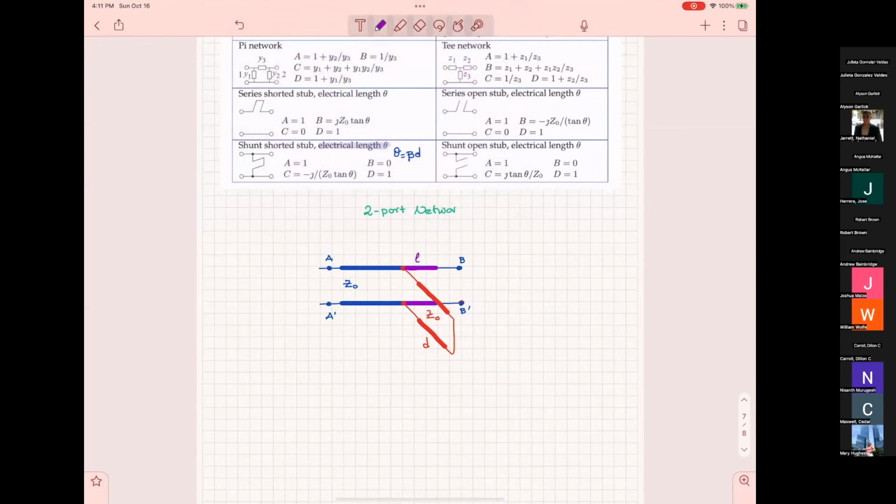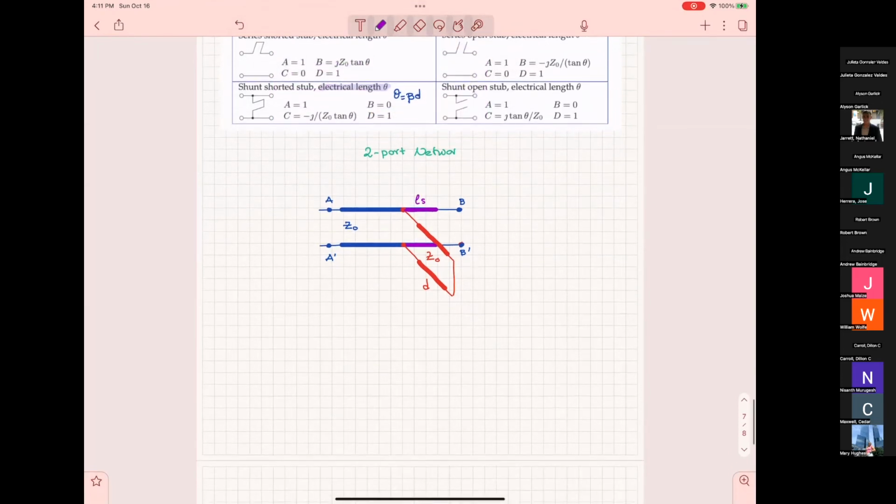Let's see how many parts this is made of. One is this transmission line, the blue one.